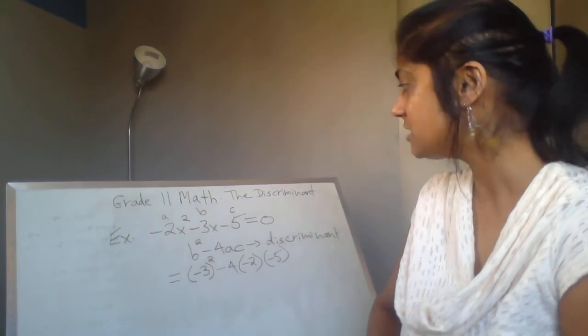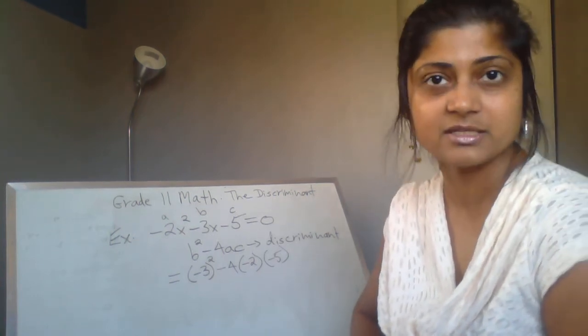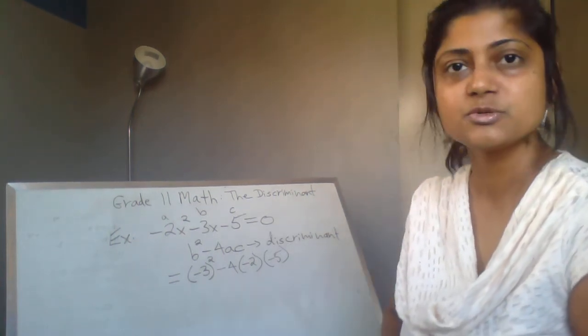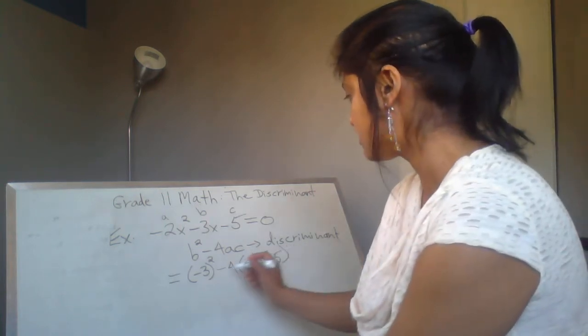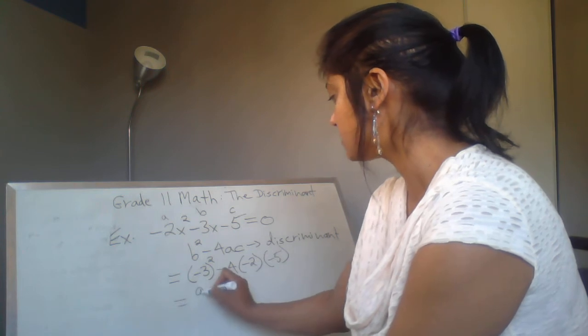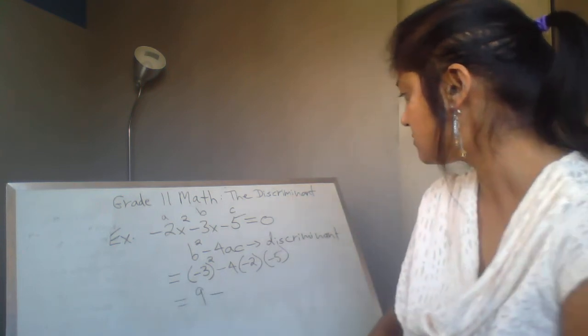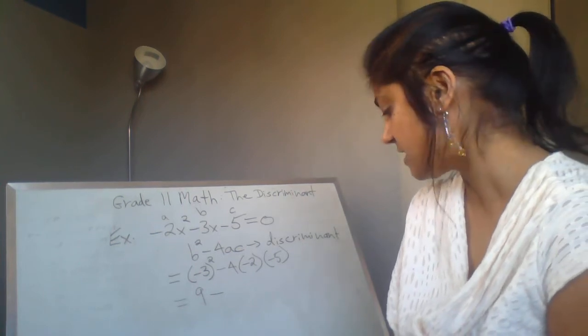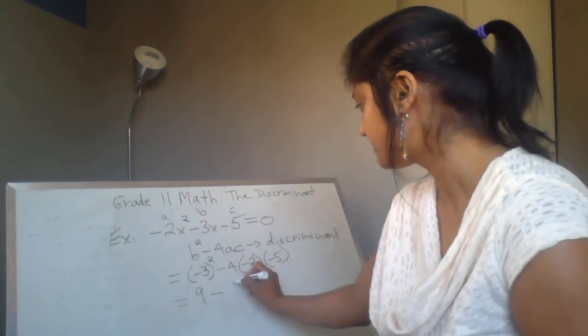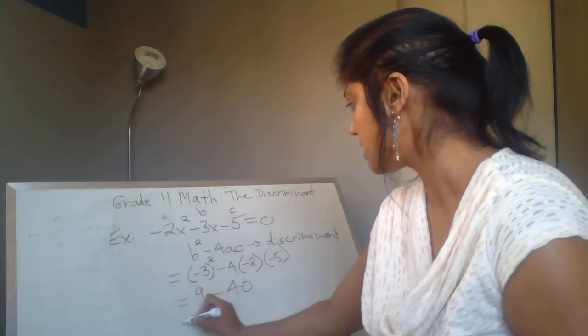Okay, so all I did here was just plug in the numbers into the formula, okay? And I'm actually looking for what the answer is here. So let's write it out. So we're doing 9. I'm doing 4 times 2, which is 8. Okay, and 8 times 5, which is 40. So I'm going to subtract 40.